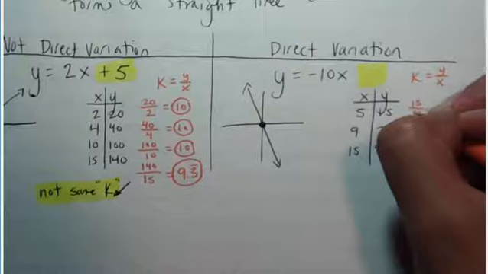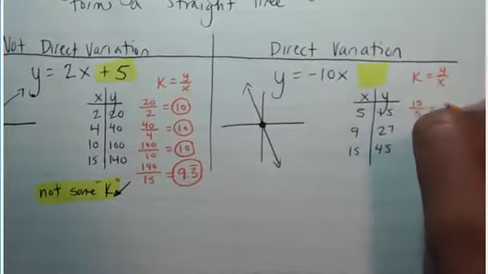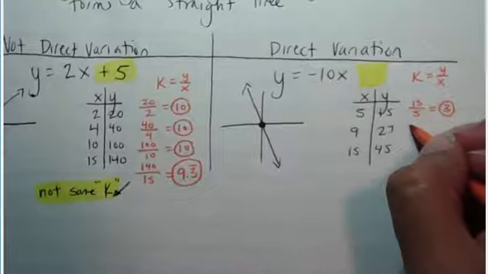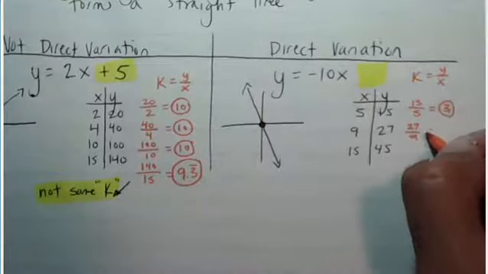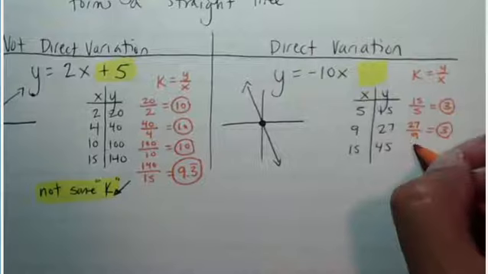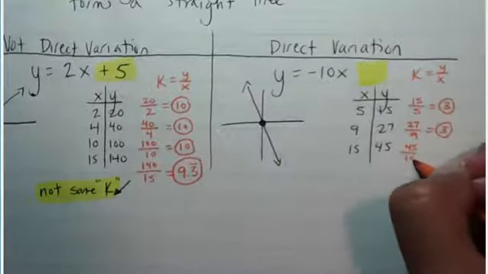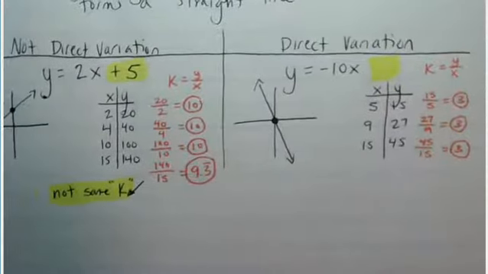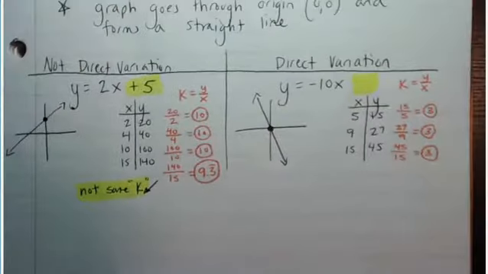So 15 over 5 is 3. y over x, 27 over 9 is 3. y over x, 45 over 15 is 3. So to find the constant, since all of these are the same, that would be considered a direct variation. Okay, so that's briefly just a recap.